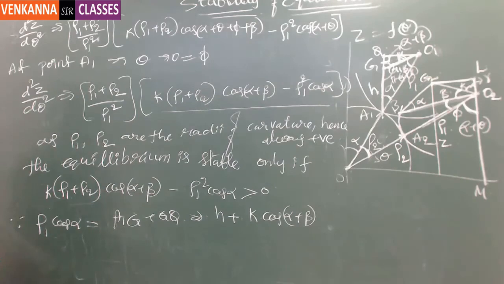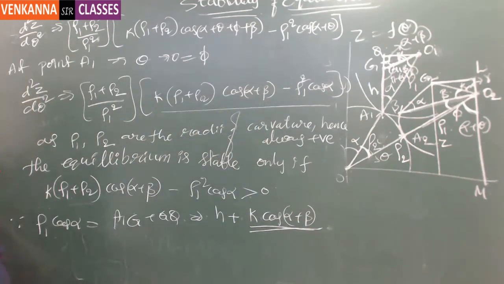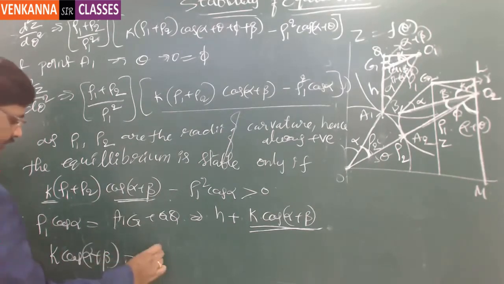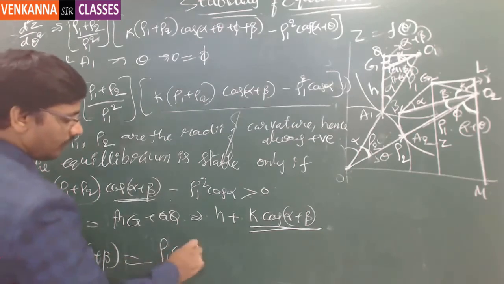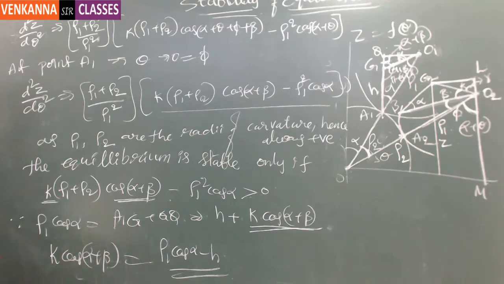Why we are bringing this one is, this k times cos alpha plus beta, what we have got is k times cos alpha plus beta here. So k times cos alpha plus beta you can replace straight away with rho 1 cos alpha minus h. So this value we are going to replace here.